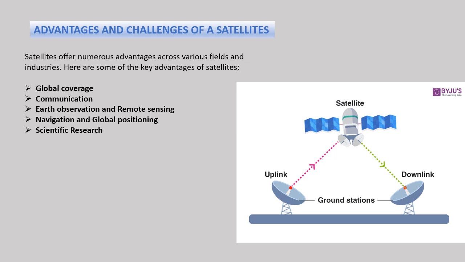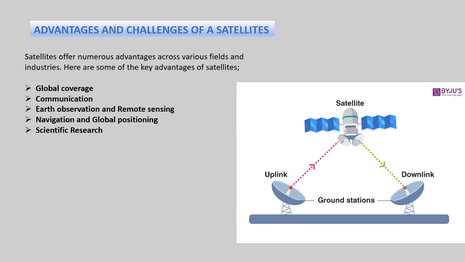Navigation and global positioning: satellites in the GPS network provide precise location and navigation service to users worldwide. They allow for accurate mapping and vehicle tracking. Also, for scientific research, satellites are very useful.